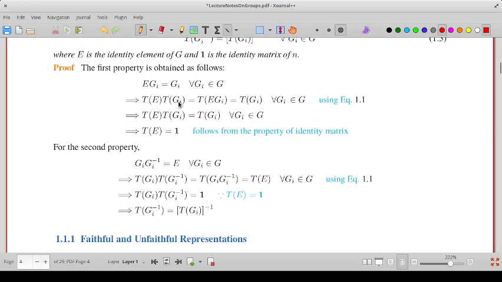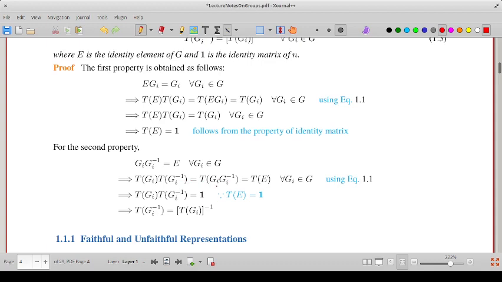Now for the second property, we note that Gi times Gi inverse is the identity for all elements Gi of the group G. Now we take the product of the representation matrices Tgi and Tgi inverse. Now T is a representation, therefore it is a homomorphism, and therefore Tgi times T of Gi inverse is equal to T of Gi times Gi inverse.